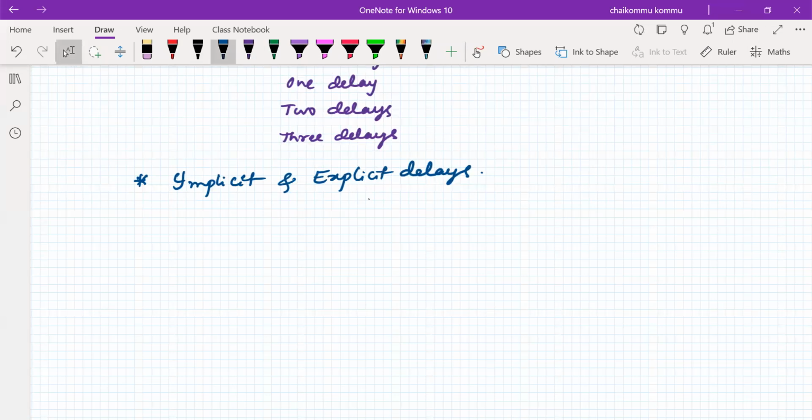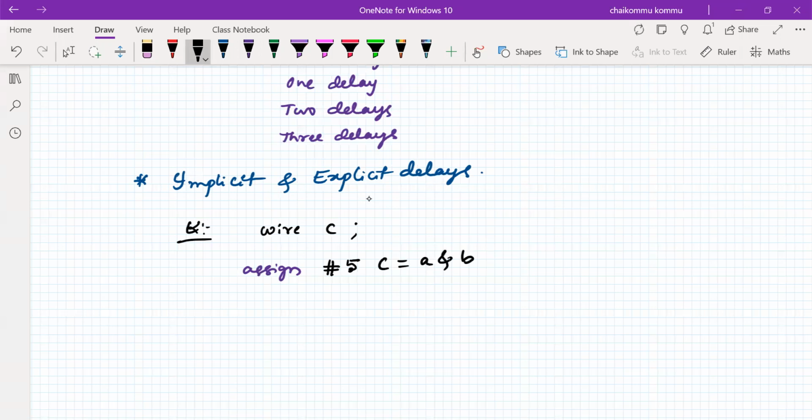For example, if I write: assign, with the delay given in this way, #5, C is equal to A and B. Can I write like this? Initially, we have seen assign C is equal to A and B written in the continuous assignment statement.